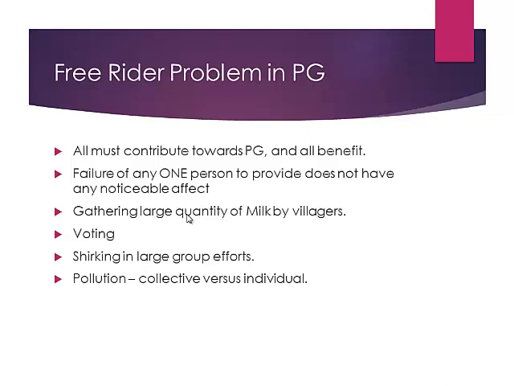So now the standard economic analysis is that if you have public goods, then everybody contributes and everybody benefits. However, failure of any one person to contribute doesn't have any noticeable effect. One example is voting.